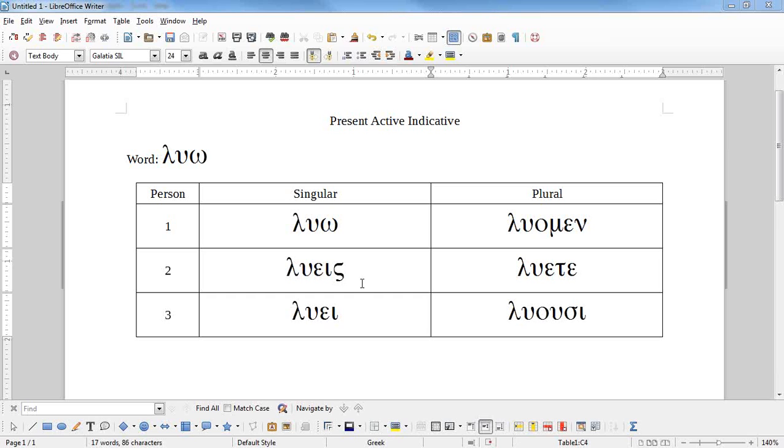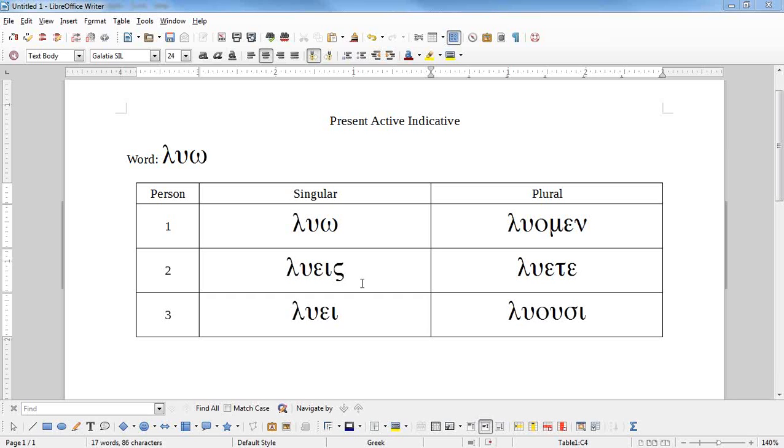Lueis. Luei. Luomen. Luete. Luousi. Very good. Excellent. You sound fantastic.